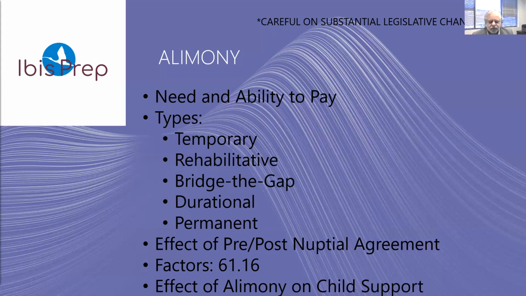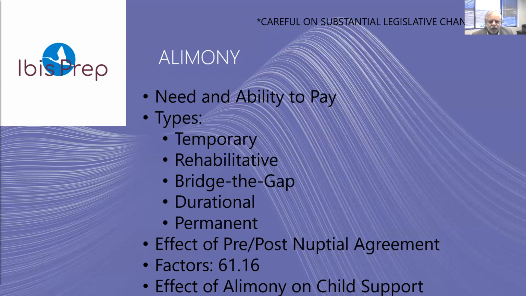A prenuptial and postnuptial agreement cannot waive temporary alimony, but it can waive any of the other post-judgment types of alimony. There are certain factors that we're not going to go through for time that are listed in 61.16. That includes the standard of living, the needs of the parties, the contribution to the marriage, and those types of things.